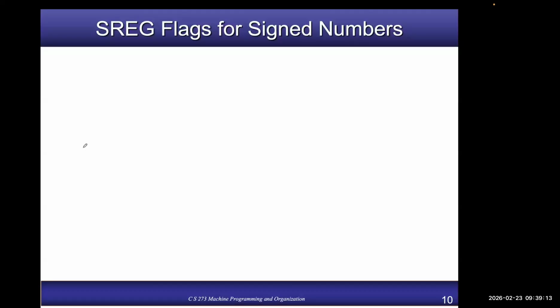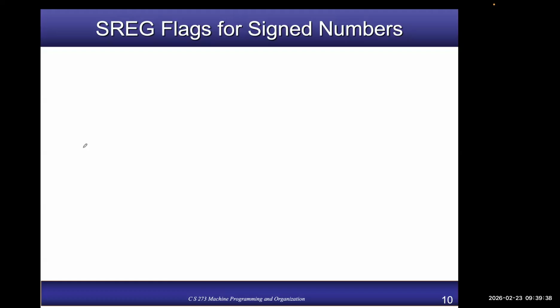It turns out that we cannot use the same instructions. Why? Because those instructions test Z flag or carry flag, but the value of carry flag doesn't convey the correct information when you are comparing signed numbers.